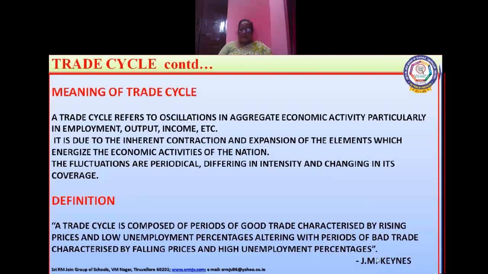Joined together, he gave a definition: a trade cycle is composed of periods of good trade characterized by rising prices and low unemployment percentages, alternating with periods of bad trade characterized by falling prices and high unemployment percentages.